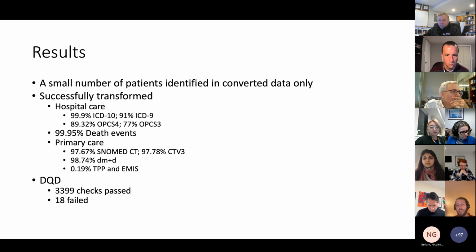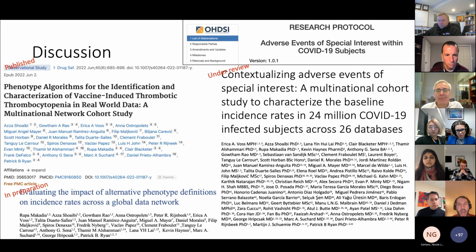From the DQD checks, just a really small minority of checks failed. We investigated all of them, and in the end, it wasn't a big issue. Thanks to that, as we found our transformation quite successful, we were able to contribute to aggregated studies.